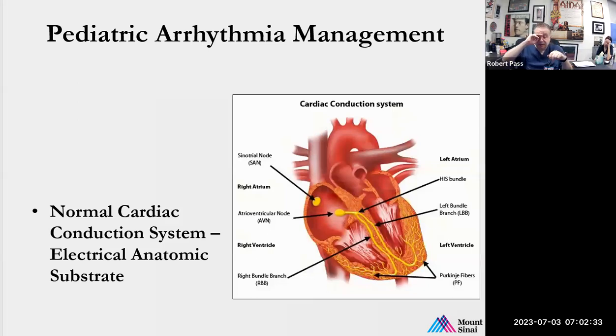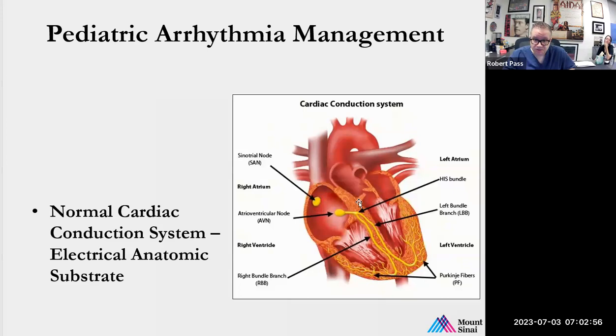So let's just all get on the same page in regards to the conduction system. Remember that the impulse starts at the sinus node, which is located at the area where the SVC joins the right atrium. And the SA node is actually fairly large. It can be as large as, I think, 15 or 20 millimeters. It's a pretty large structure.